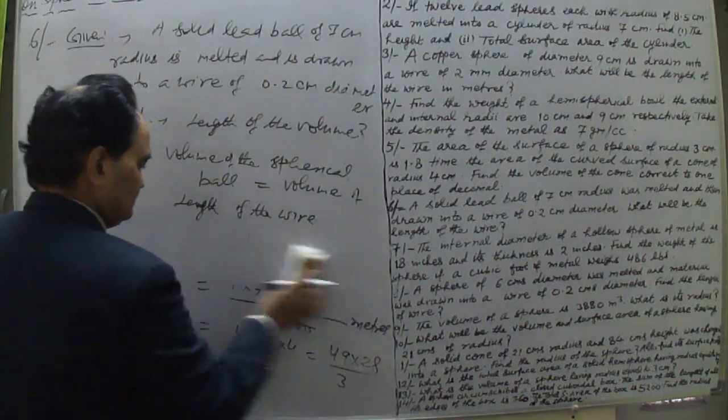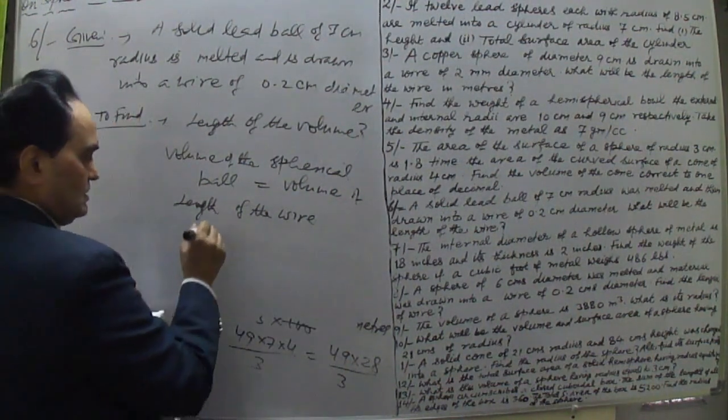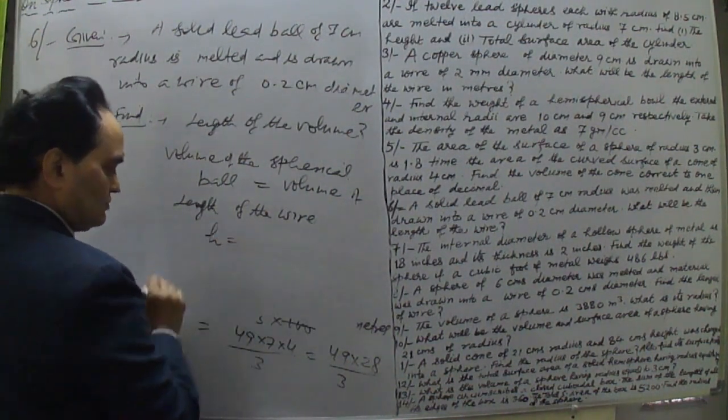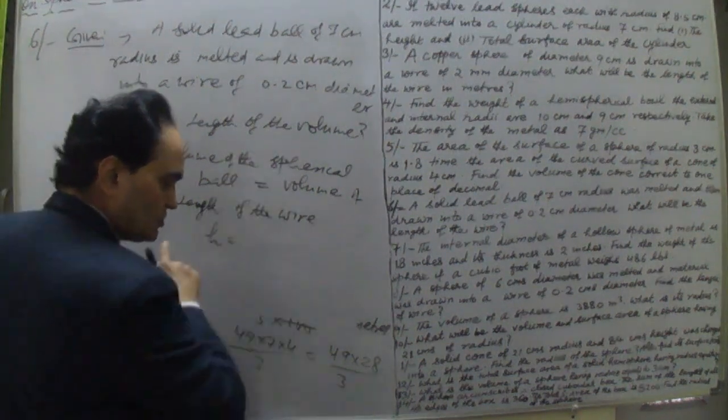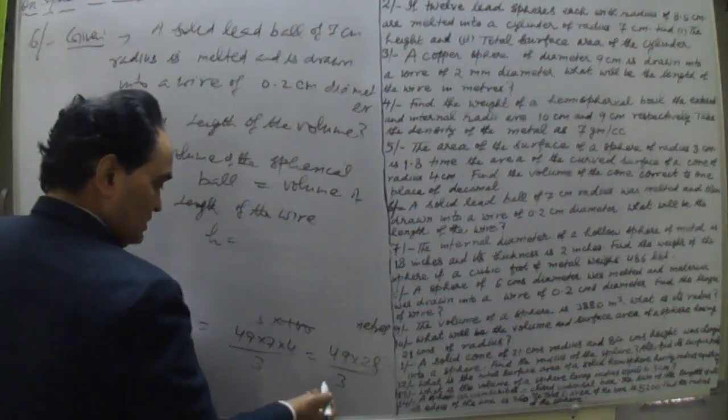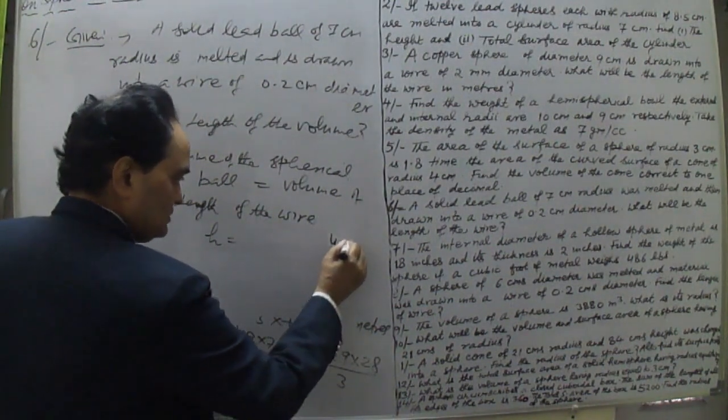Let me write it here. Therefore the length L, or H, the vertical height or length of the wire, is 49 into 28.